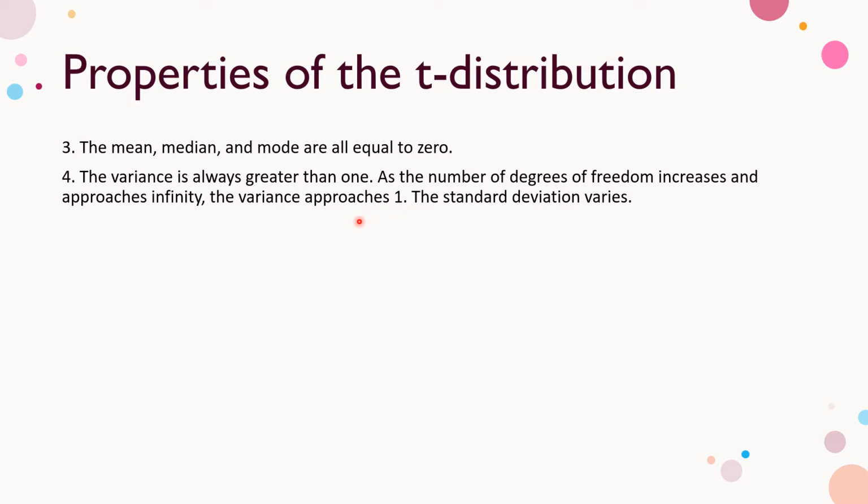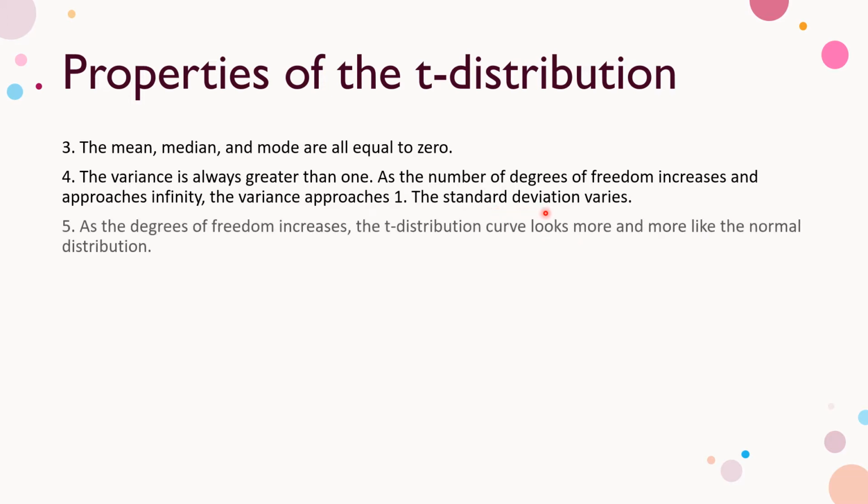So if we increase the number of degrees of freedom, then the variance becomes closer to 1. It also says here that the standard deviation varies for a t distribution. For the normal distribution, the standard deviation is equal to 1.